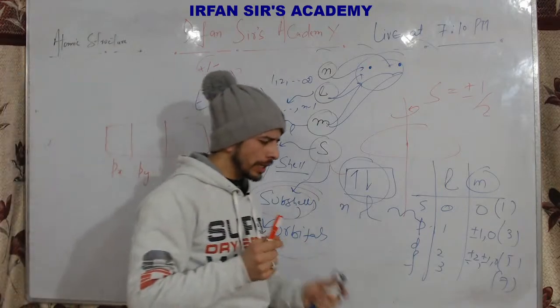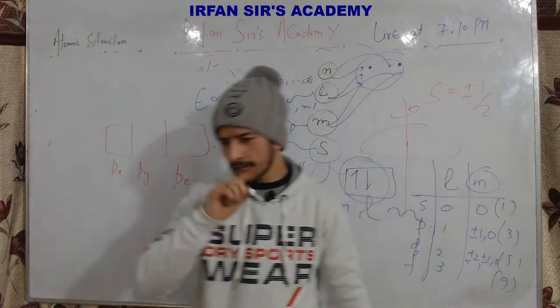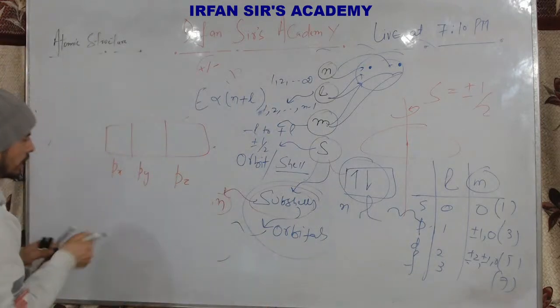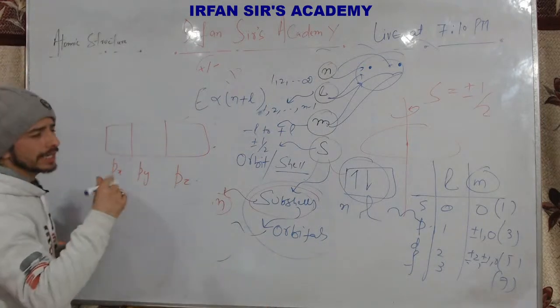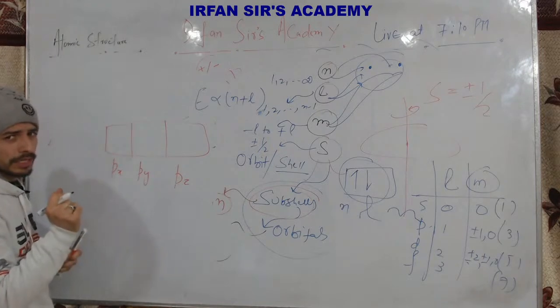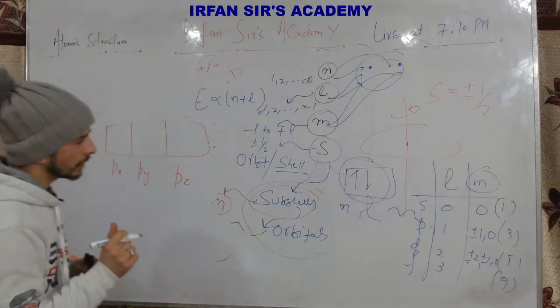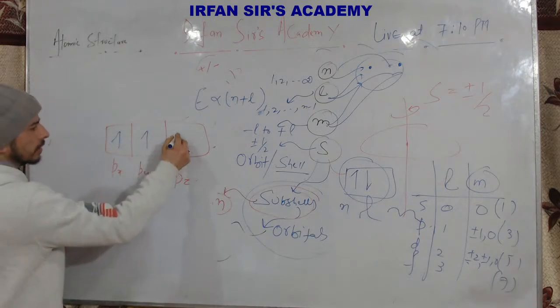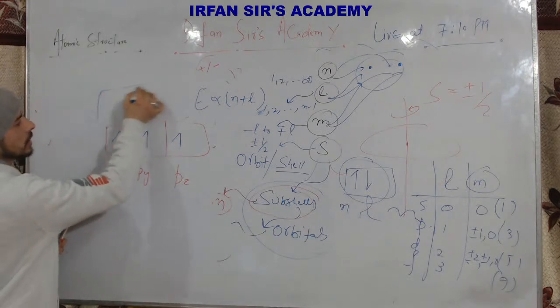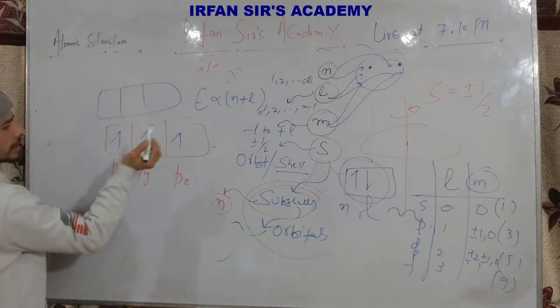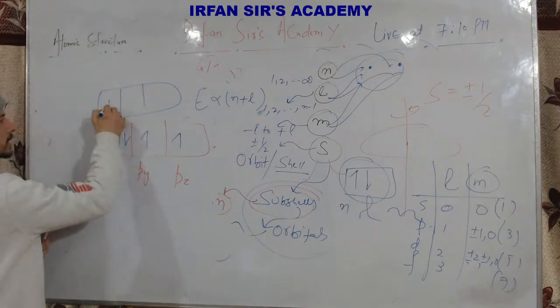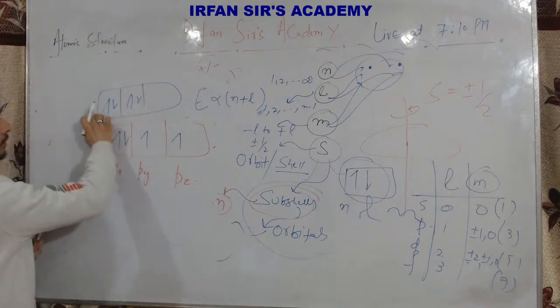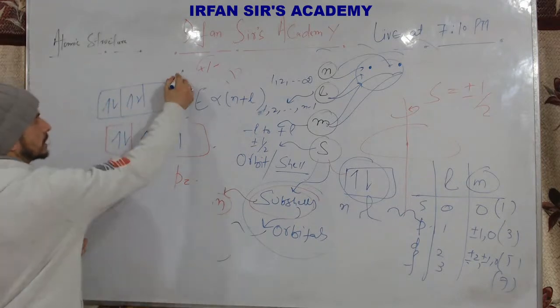How will you place the electrons? Let there be 4 electrons. One electron, one electron, one electron, and the 4th electron will be placed like this. You can also write it as this and this. 4 electrons, but this one is wrong, this one is right.